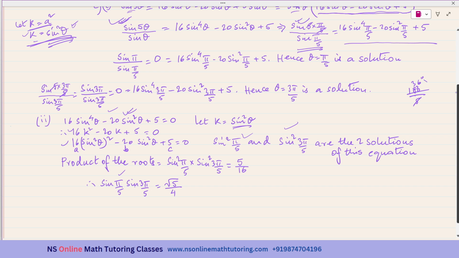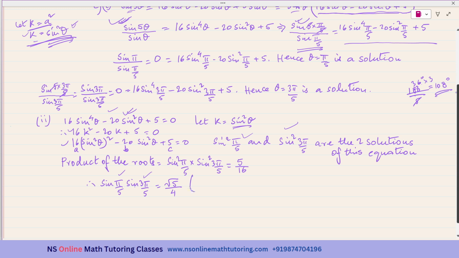So 3 pi over 5 will be what? This is equal to 108 degrees. In the second quadrant, sine is positive in the first and the second quadrant. So sine 3 pi by 5 will also be a positive number. If you multiply two positive numbers, obviously the product will be a positive number. So therefore, I am not taking the negative sign, I am taking the positive sign.